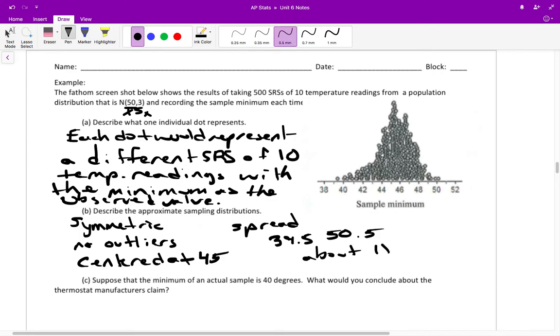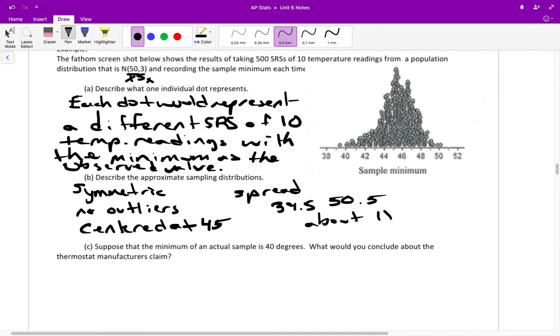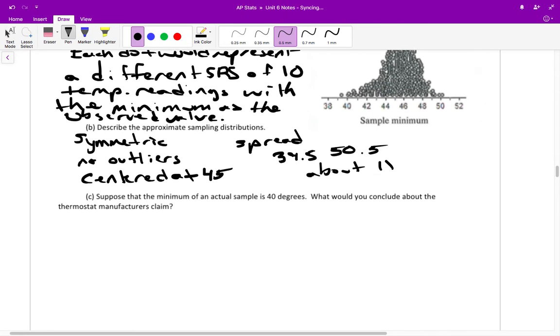Okay, so in C it says suppose that the minimum of an actual sample is 40 degrees. What would you conclude about the thermostat manufacturer's claim? Really, this can mean two different things.